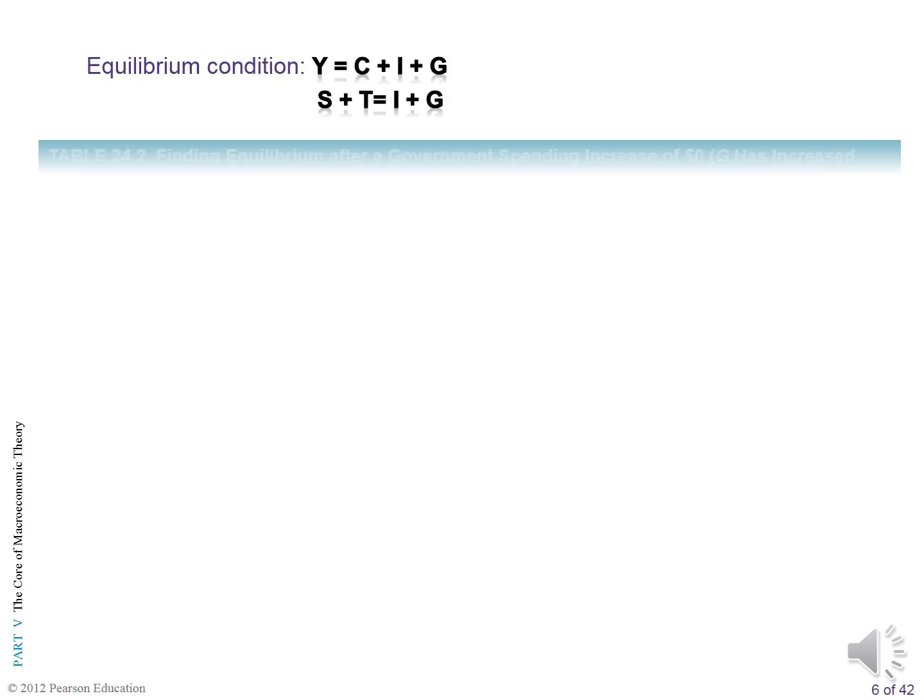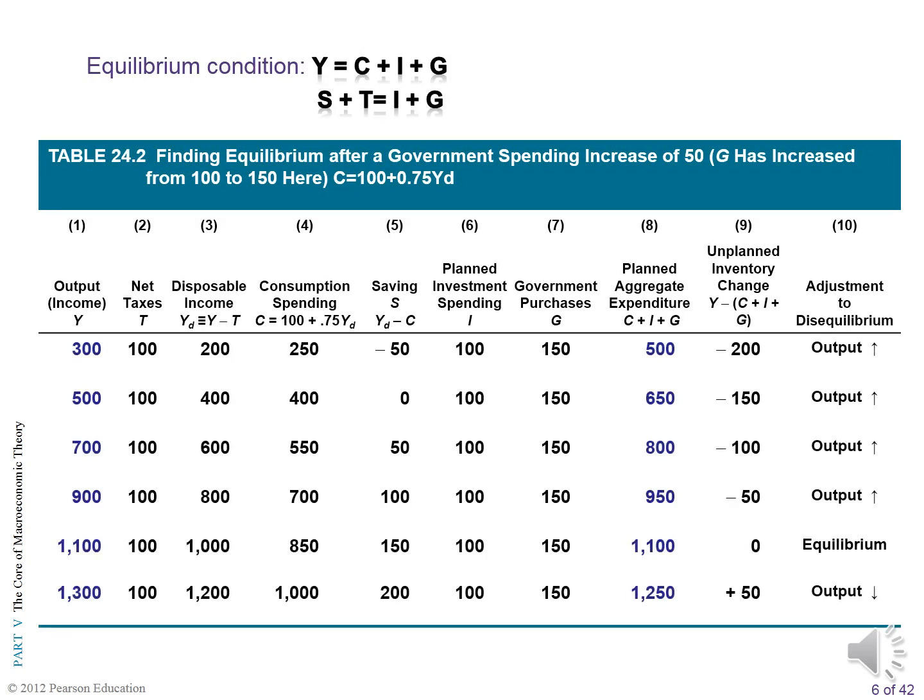Okay, easy. Now we know from the last lecture that the equilibrium condition is Y equals aggregate expenditure, and in such an economy aggregate expenditure equals C, the consumption of households, I, the investment of firms, and G, the spending of government.